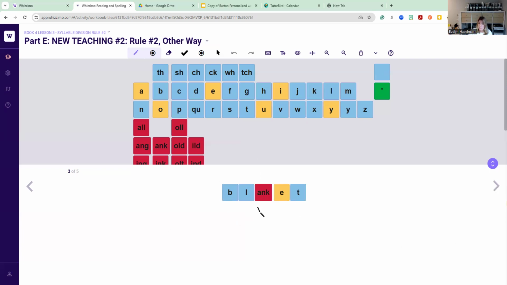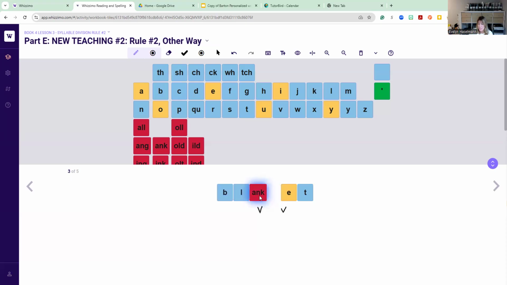Another one. This is a little bit tricky when we're working with the unit tiles right here. Again, units are the red tiles. 3 letters that come together to make an unusual sound. That A-N-K doesn't say ank. It's not a closed syllable. It says ank. And so it makes an unusual sound.